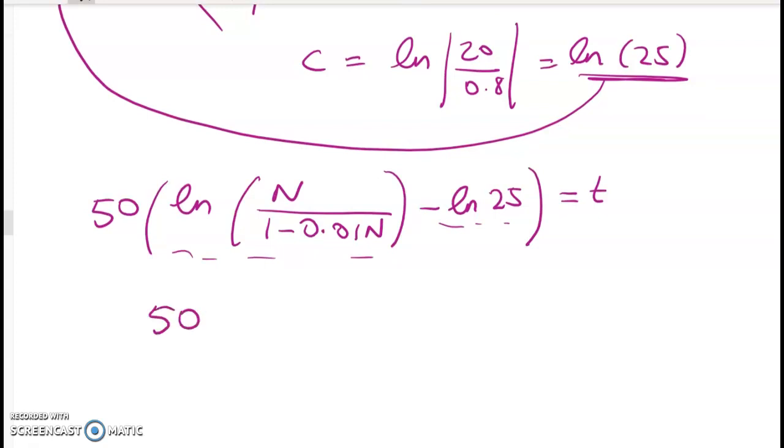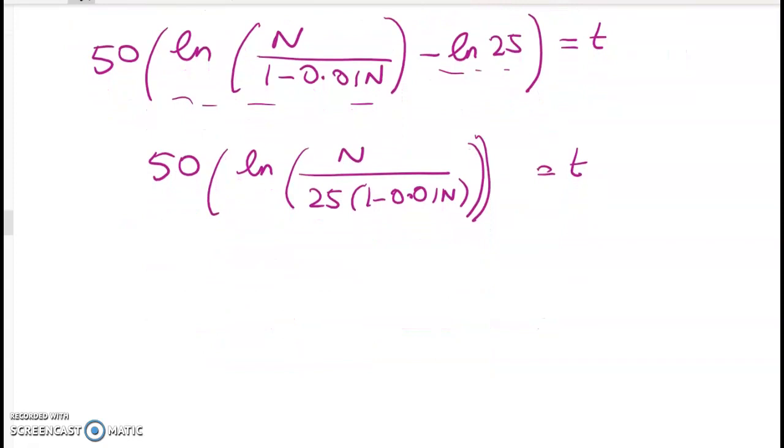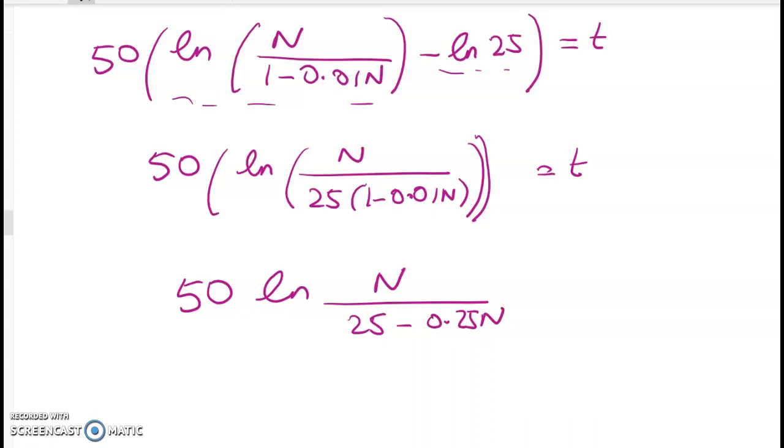So 50 times the natural log of n over 25, 1 minus 0.01n, is equal to t. That's fine, but I'm going to make it look even nicer. We're going to get n over 25 minus 0.25n is equal to t. Pretty sure you get 4 marks for getting to there.